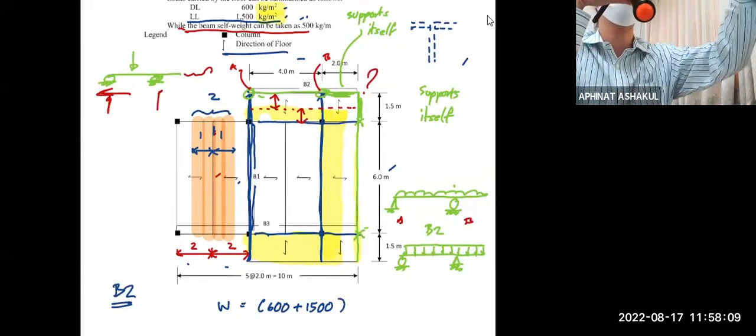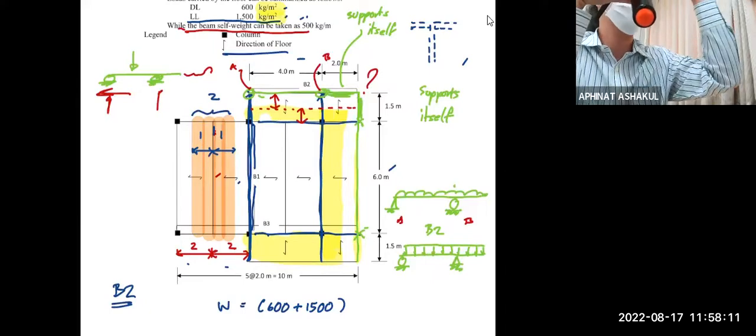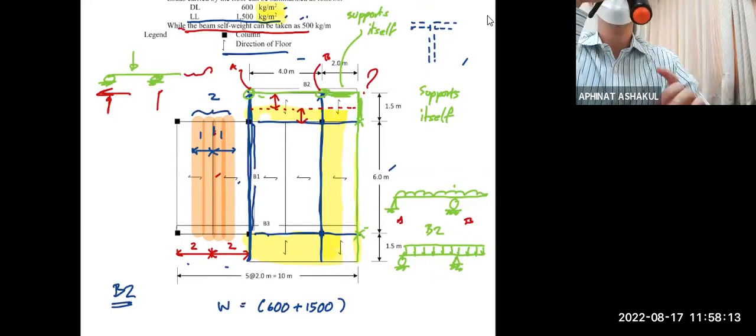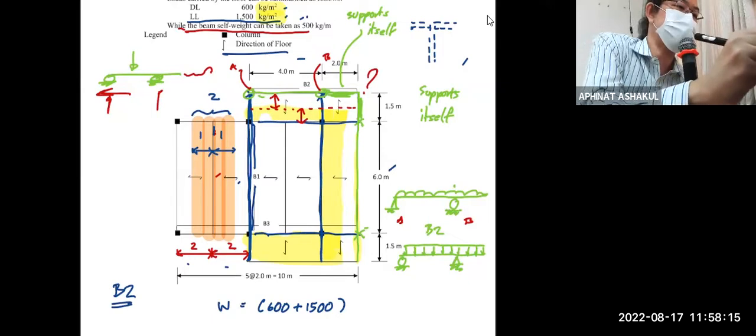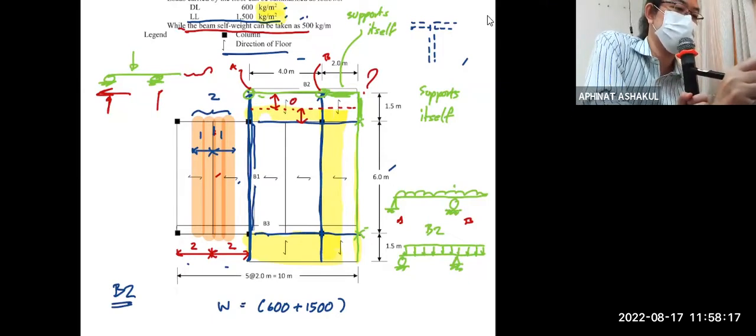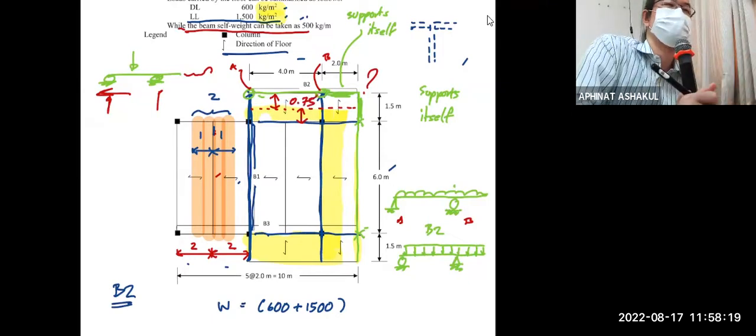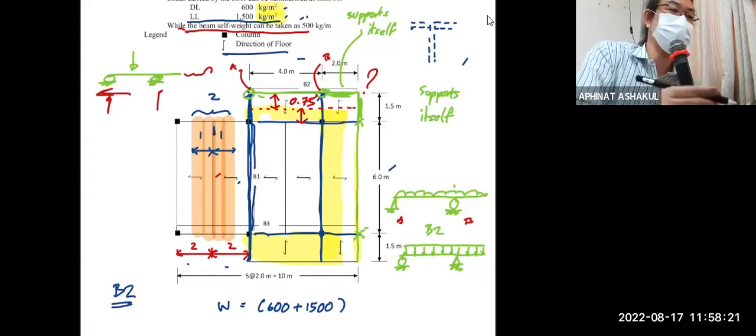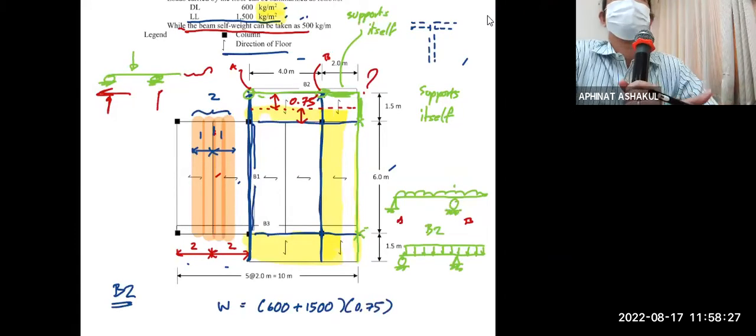We need to multiply with the tributary width, which we now know is 0.75 meter. There, see? So this will be multiplied by 0.75.